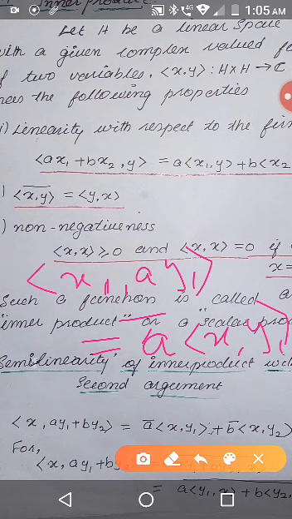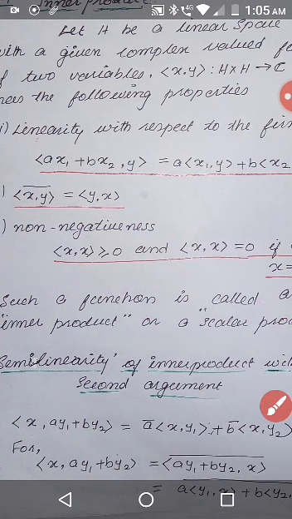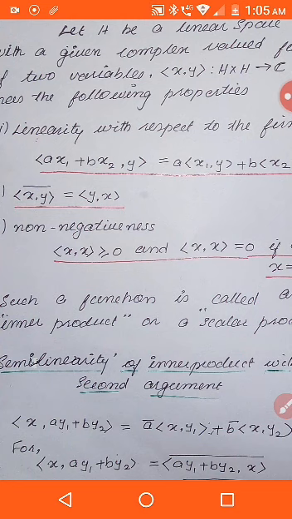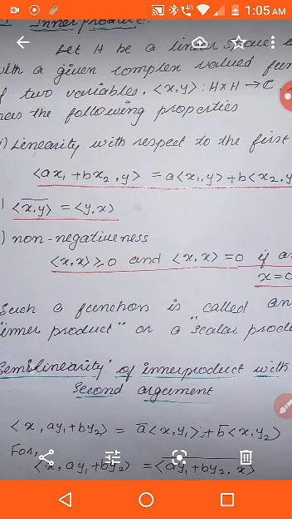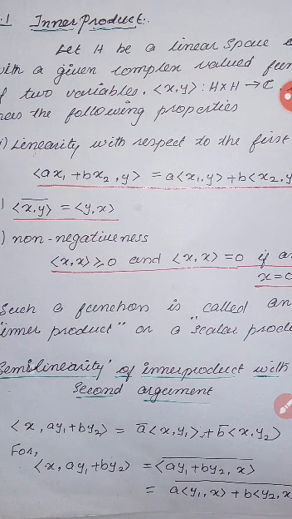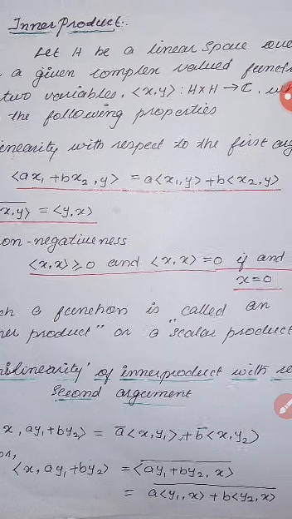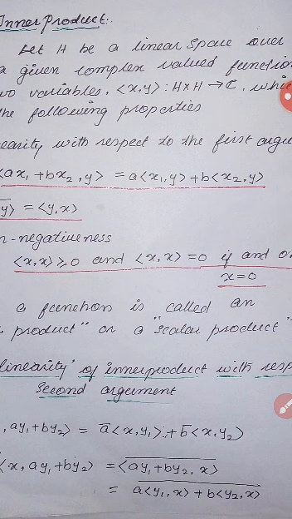Now, we can prove the semi-linearity as follows. Inner product of x comma a y1 plus b y2 can be written as the conjugate of inner product of a y1 plus b y2 comma x, by the second property. This is equal to the conjugate of a into inner product of y1 comma x plus b into inner product of y2 comma x, by the linearity with respect to the first argument.